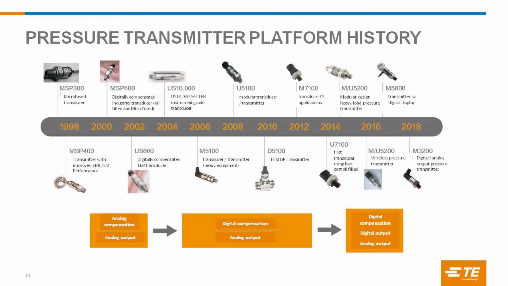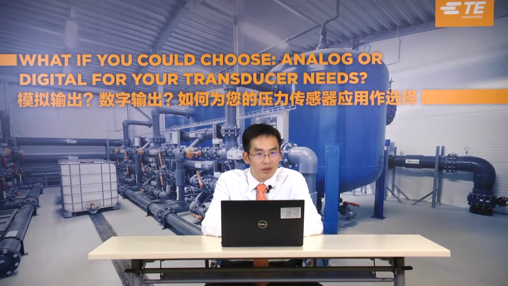So you see along the way, we have the MSP600, US600, M5100, M5200. These sensors are all digitally compensated and with analog output. So inside the sensor, we're doing the AD and DA conversion. Customers can have a very reliable, continuous analog signal.